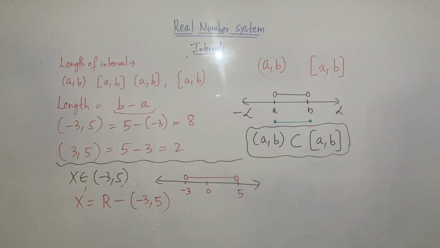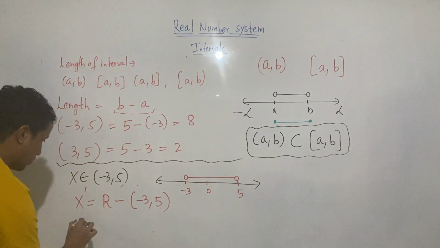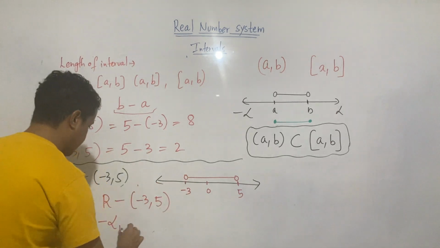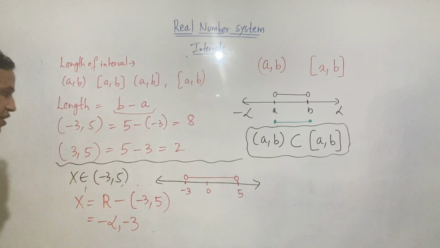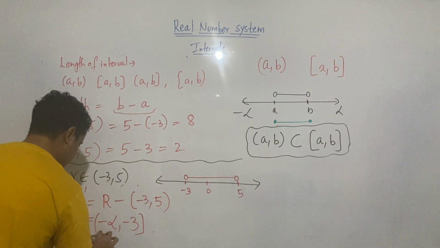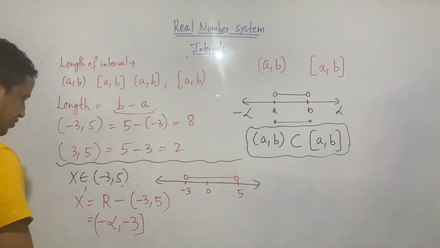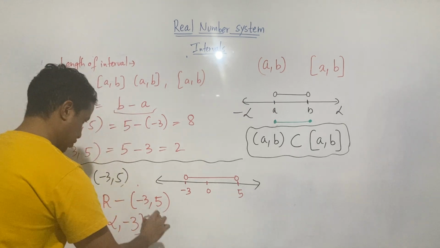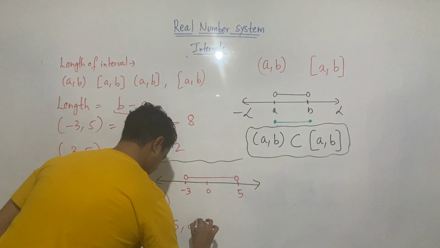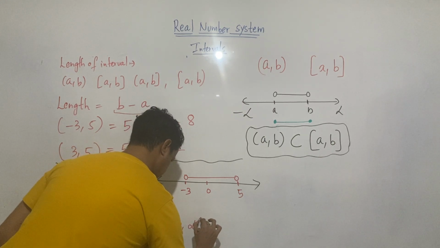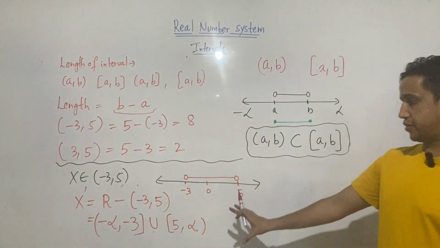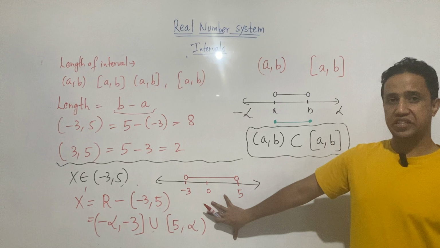So it is going to be minus infinity to minus 3, closed bracket, because here I have open, union 5 to infinity. That is what X complement means here. I hope this point is clear to you.